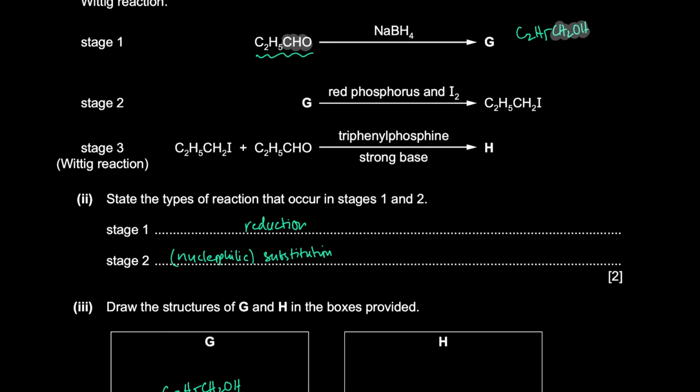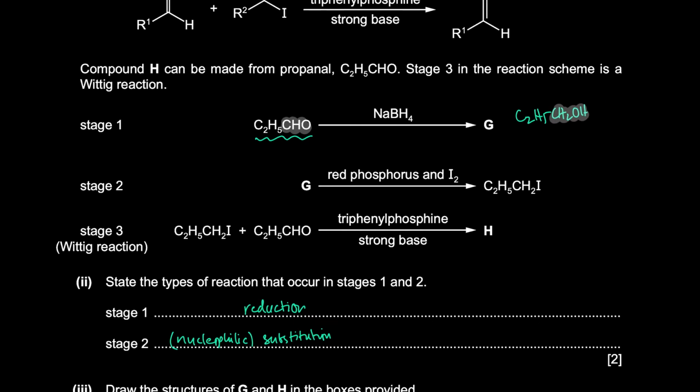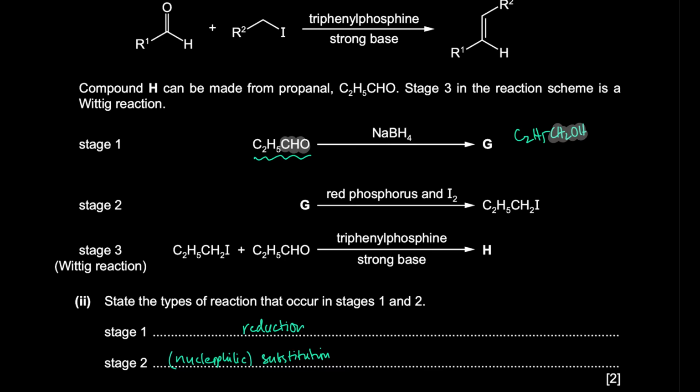Now, how do we draw the structure of H? Let's go back to the Wittig reaction for just a second. What happens in the Wittig reaction? If you look over here at R1, R1 is bonded to the carbonyl carbon. So in this Wittig reaction here, what is this R group that's bonded to the CHO? Can someone tell me? We have the CHO group here. So R1 must be the ethyl group, right? R1 is the ethyl group. So let me write that down.